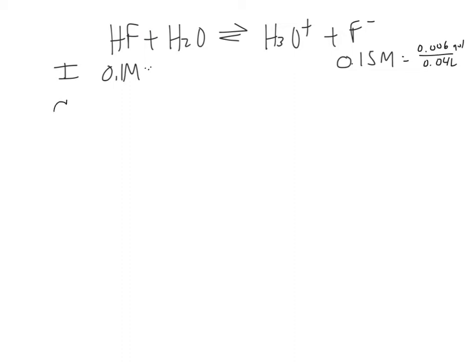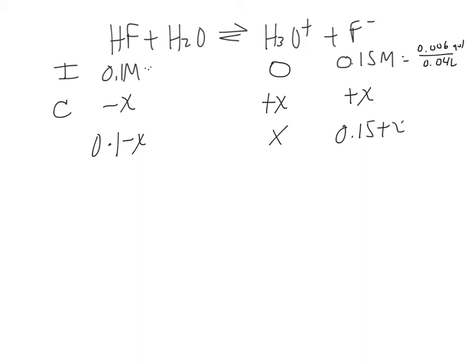So those are our initial concentrations. We have to hit equilibrium again. So now, since there's no H3O pluses right now in the solution, we know that we need to go right, and we're going to lose some of that. So we're going to have 0.1 minus x on this side, and we're going to have x, and we're going to have 0.15 plus x.